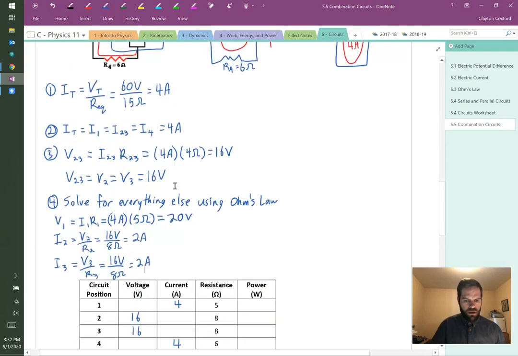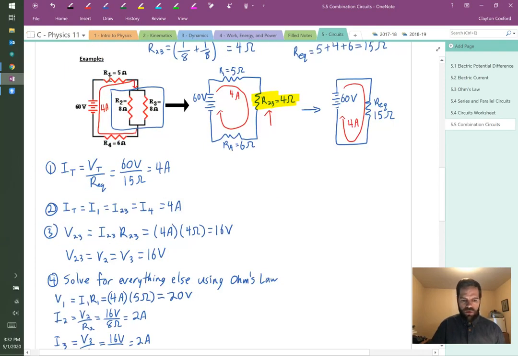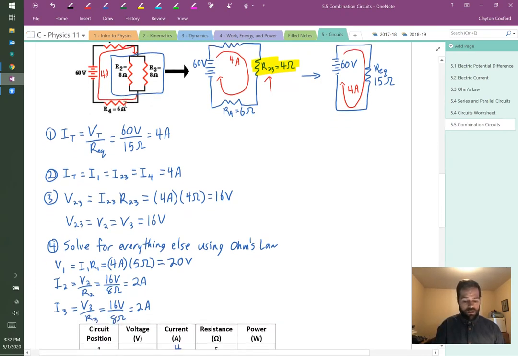Let's think about that. Well, we had 4 amps coming into this parallel branch, and they both had equal resistances, which means that the current was going to split equally down each branch. 2 one way, 2 the other way. That makes sense.